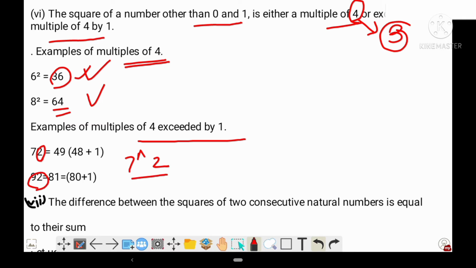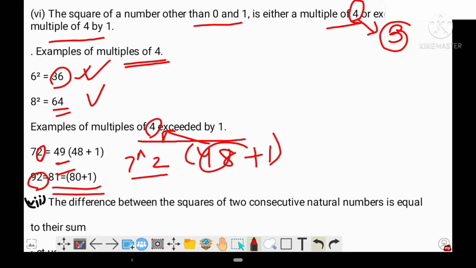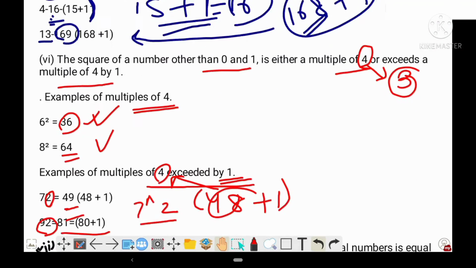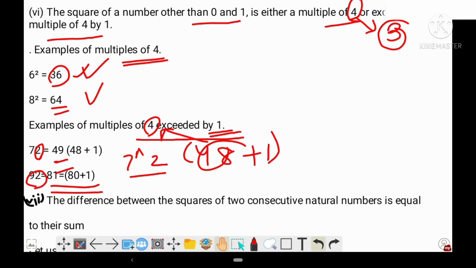Okay, here the sign is missing. 7 square is 49, and 48 is a multiple of 4, and if you add 1 you get 49. Same with 81: 9 square is 81, and 80 is a multiple of 4, and it has been exceeded by 1, and then you have got the square of 9, right? So the same thing was for 3 as well, and 4 as well.